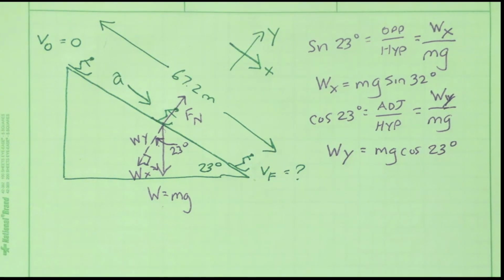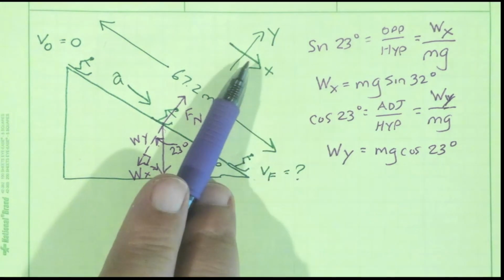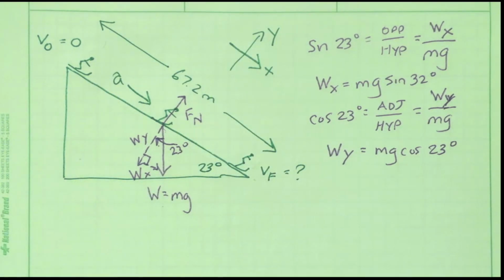All right, so we have drawn a diagram showing all the forces acting on the object, 2 of them. We have selected a coordinate system that is useful for an inclined surface. We have decided that the weight force needs to be broken up into components with this coordinate system. We drew those components and we wrote out the formulas.